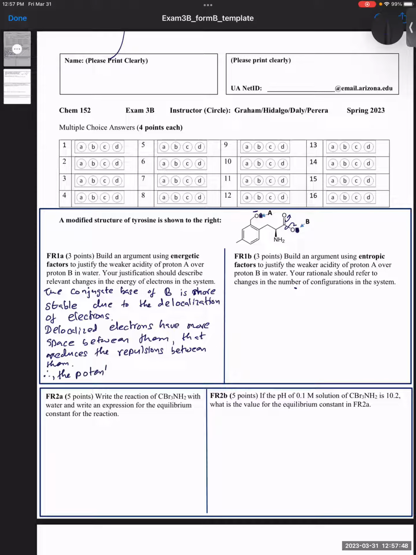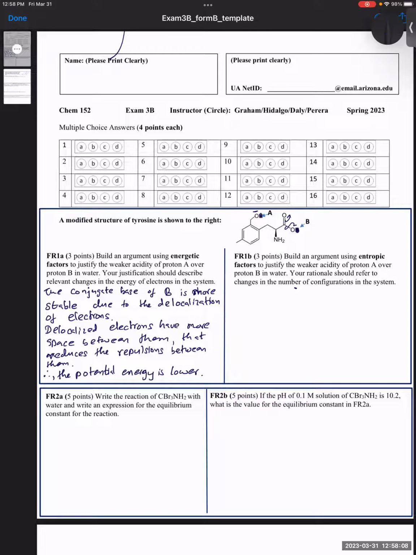So that's why this is the energetic argument of why the conjugate base of proton B is more stable.